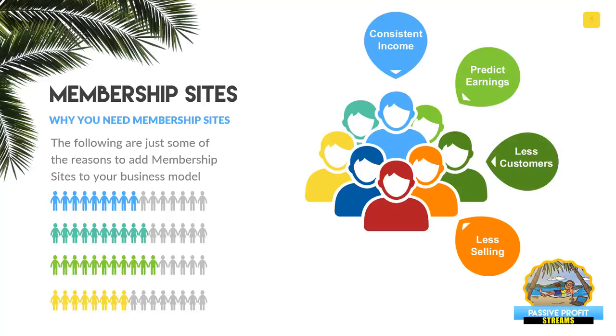And hand in hand with that goes less selling. In a perfect world, if you had a great product or a great service and you decided to market that product, and you could get a consistent income and earnings that you knew, you wouldn't have to be constantly looking for new business. You could rely on selling less to less customers and have a consistent income flow.